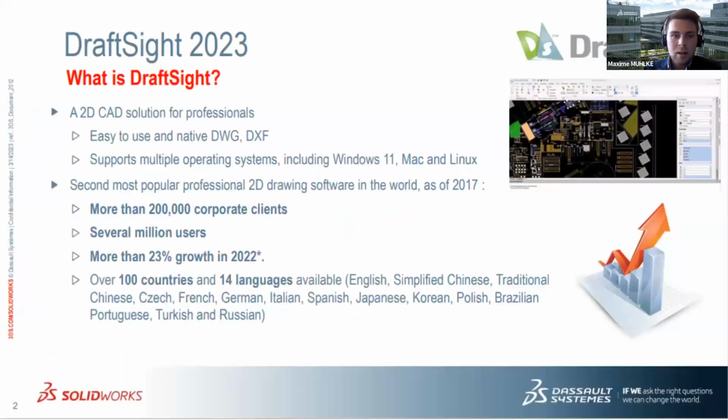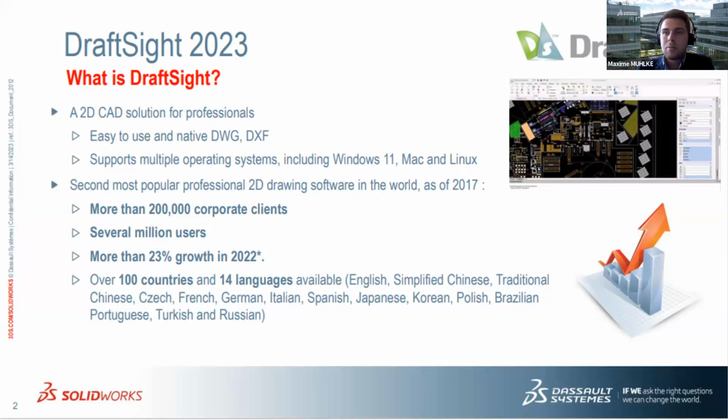So rapidly, what is DraftSight? DraftSight is a 2D CAD solution for professionals, made by Dassault Systèmes. It is an easy to use solution, and it is a native DWG and DXF software.